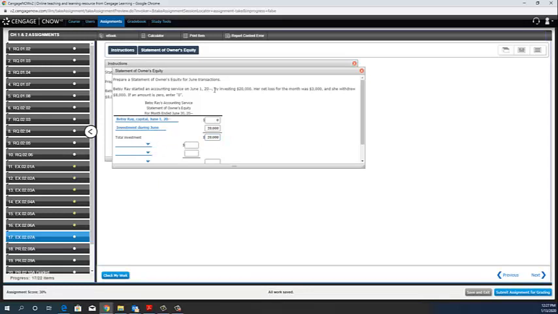Okay, so it says here her net loss for the month was $3,000. So we're going to put less the net loss for June of $3,000, and she withdrew $8,000.